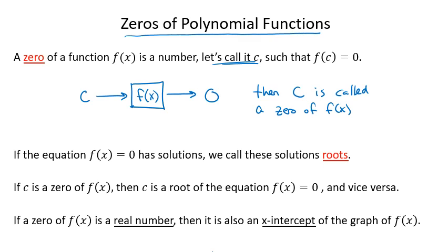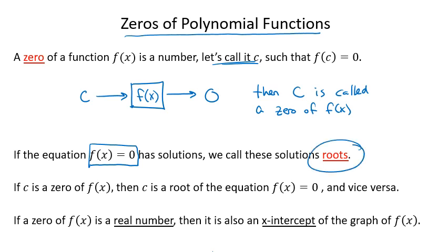One way to find zeros of a function is to set up the equation f of x equals 0. In this case, our function is going to be a polynomial, but these are not definitions for polynomial functions. These are definitions for all functions. If you take your polynomial, set it equal to 0, and that equation has solutions, which it always will, we call those solutions roots.